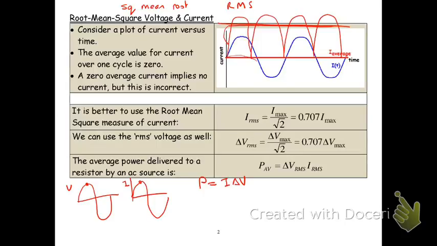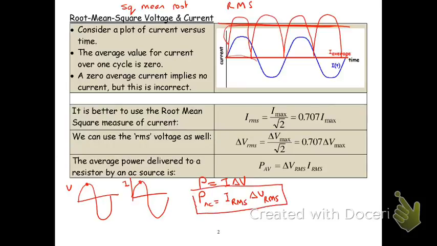Most of the time it's much less than that. So it's unrealistic to take the peak voltage and the peak current. And so for power in AC, you need the I_RMS and you need the delta V_RMS. So that's specifically where you need it.